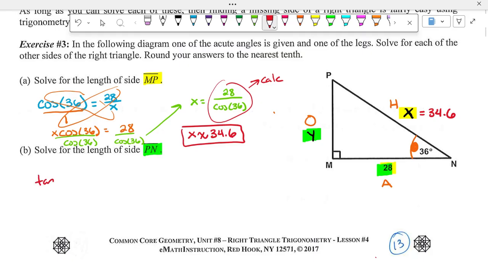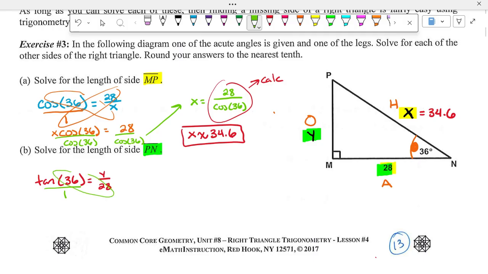So I have tangent of 36 is equal to what? How do I set up the ratio? Not 28 over y, it's y over 28, opposite over adjacent. All right, so I'm going to put this over 1, and then I'm going to do what?